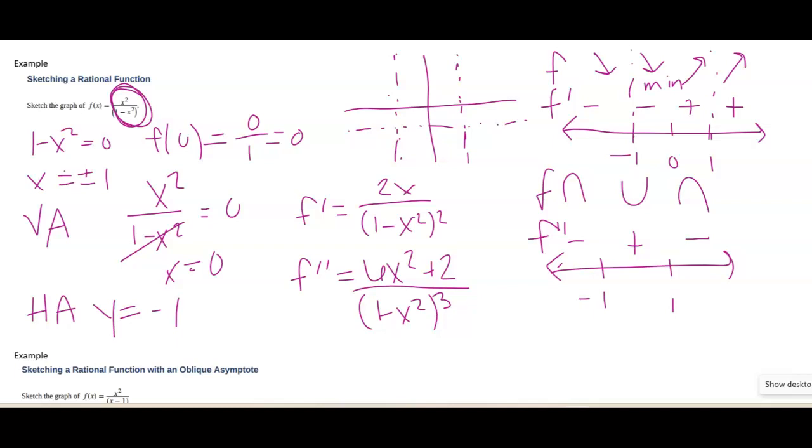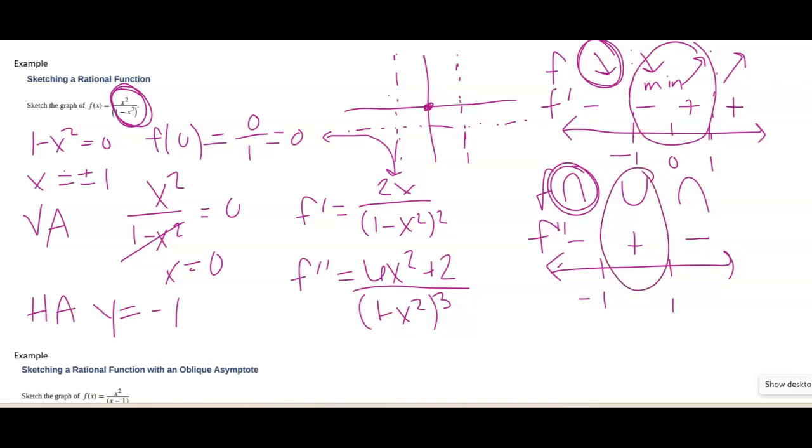Between negative infinity and negative 1, I need a function that is always decreasing and always concave down. So that's going to have to look something like this, and I'm going to hug those asymptotes, right? Bam. All right, between my two vertical asymptotes, I need to have a minimum at 0, and I know 0, 0 is on my graph.